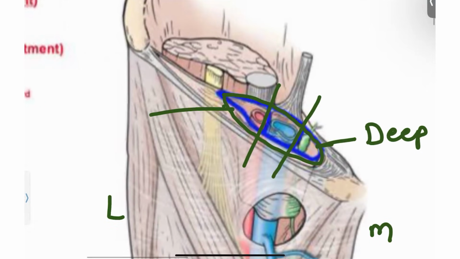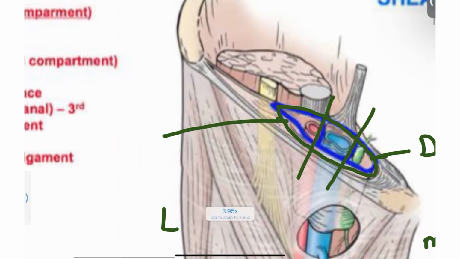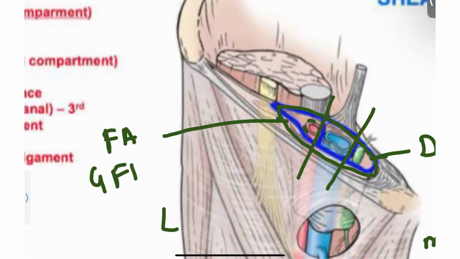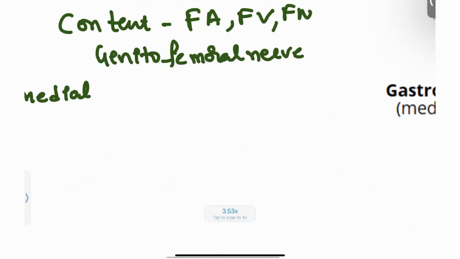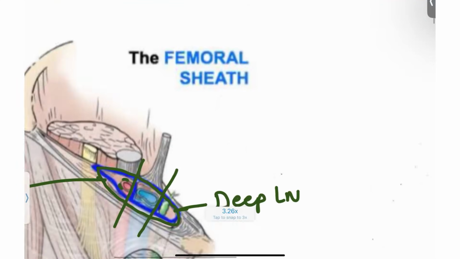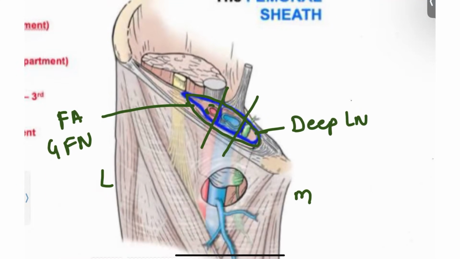On this lateral side, there will be the femoral artery. Here you can see this is the femoral artery, along with the genitofemoral nerve, as we discussed. What is the content? One of the contents is the genitofemoral nerve. And what about the intermediate one?